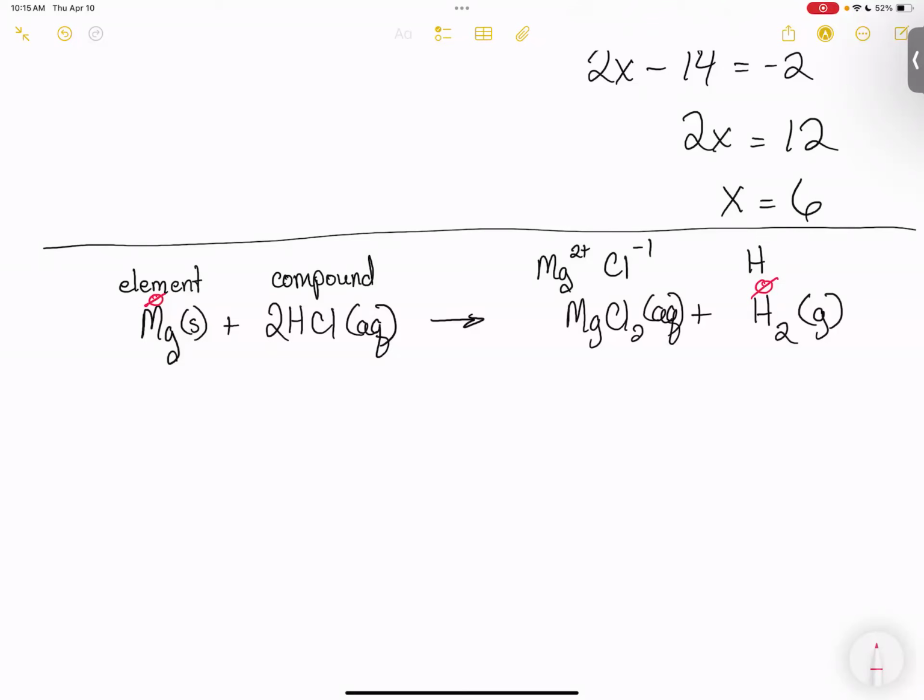Because magnesium is always the same charge. It's an ion. It's a +2. Rule number 3 says hydrogen is a +1. So this hydrogen in HCl is a +1.